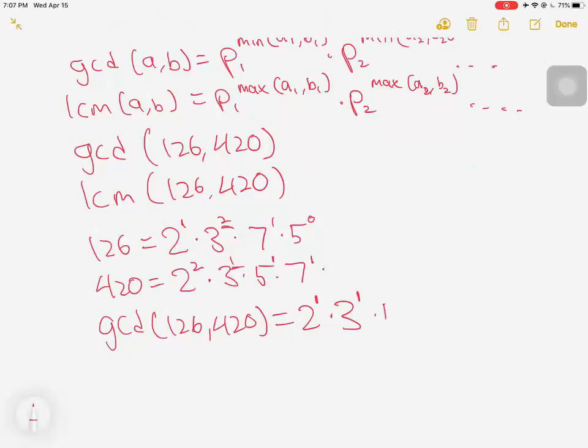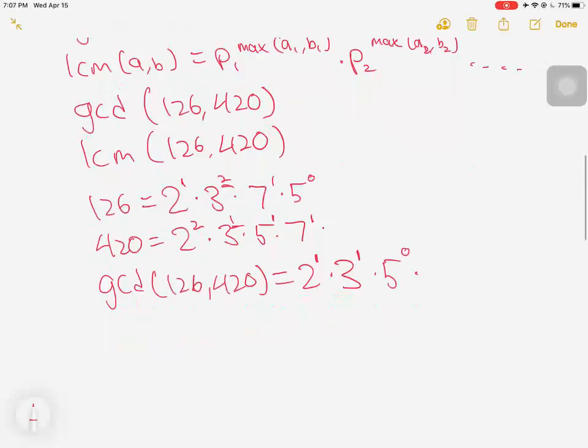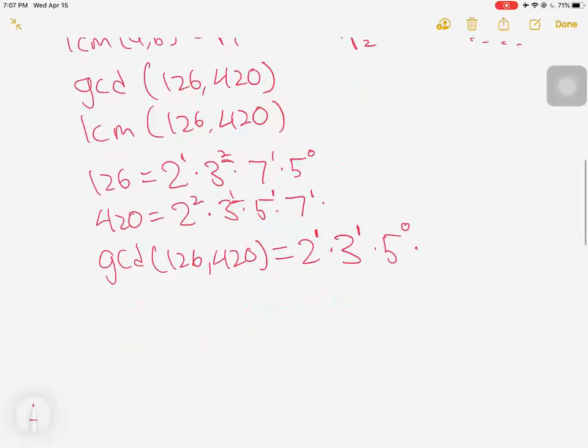So we can write 5 to the 0, but since it's 1, it doesn't really affect the GCD. And then similarly, we do this for 7. But we notice for 7, both of the exponents are 1. So it doesn't matter which one we take, because they're the same thing. So we just take 7 to the 1. Does that make sense to everyone?